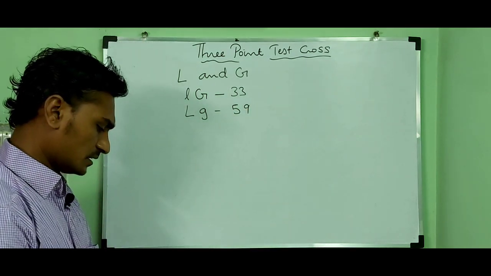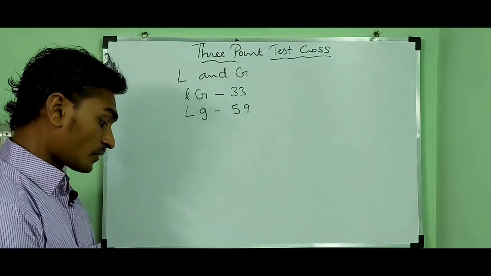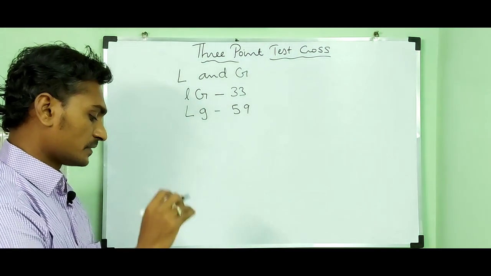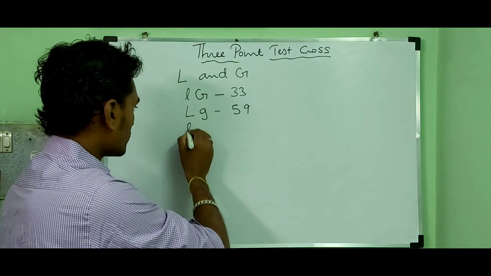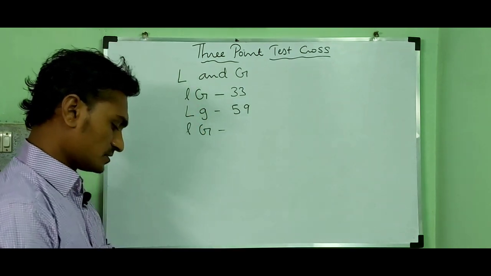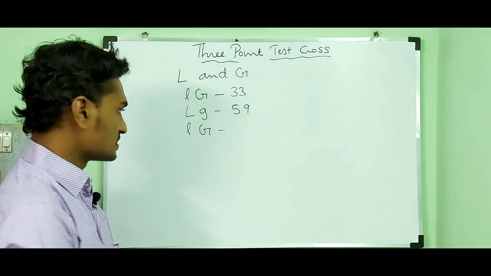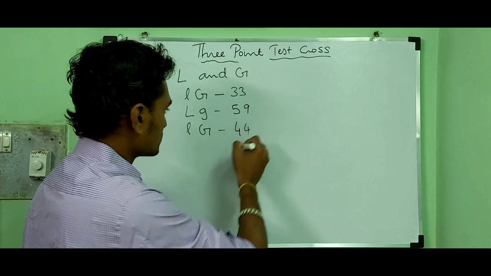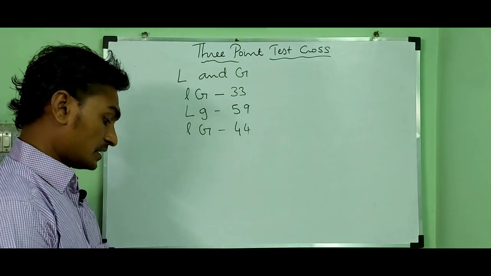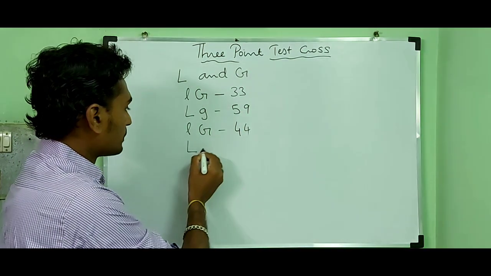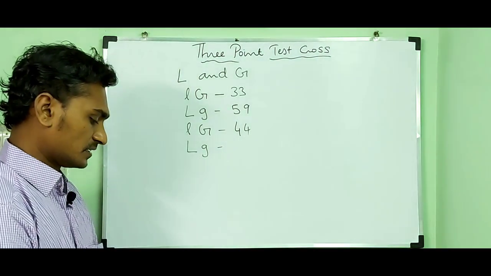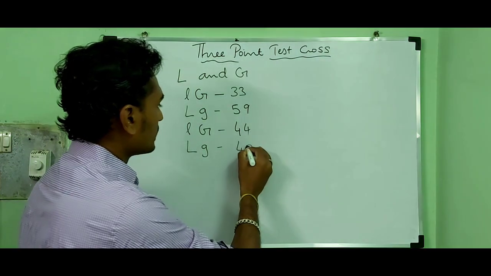The third type, again small l, capital G, shows 44 recombinants. Then capital L, capital G contains 40 recombinants.